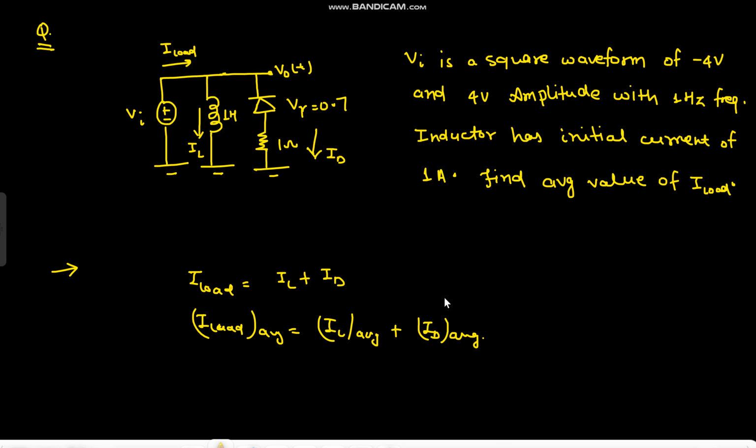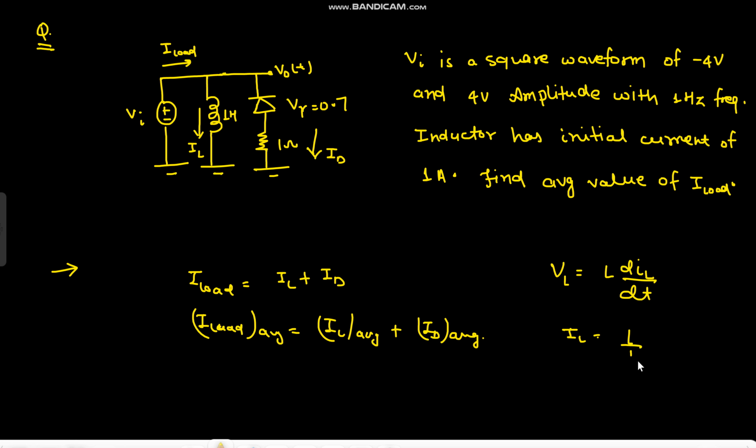Okay. So I have explained this concept many times. Whenever the inductor is connected across a constant voltage, the current in that inductor will be linearly rising. That I have told. What is the value of VL? VL is L dIL by dt. So what would be IL?